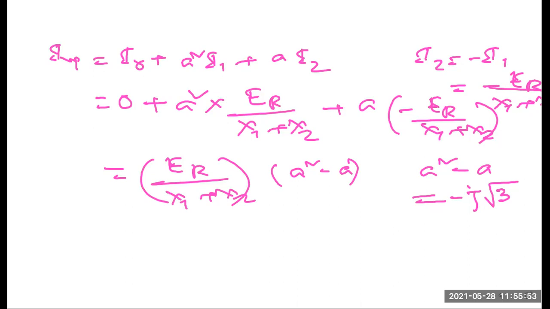We get minus 0.48 plus 0.364 something i. But it should not be. There is some problem. Others, please, if you are getting this value minus j root 3, are you getting A square minus A equal to minus j root 3?